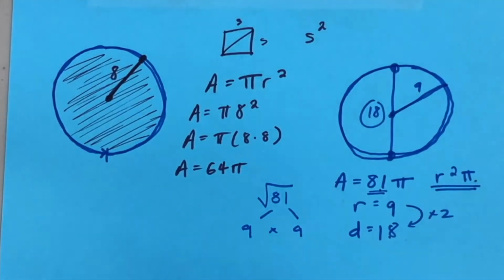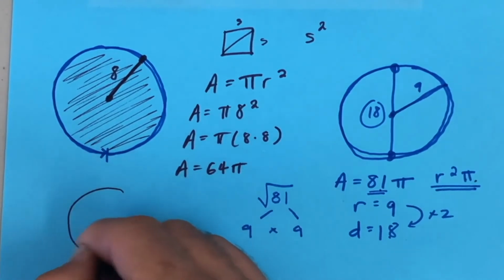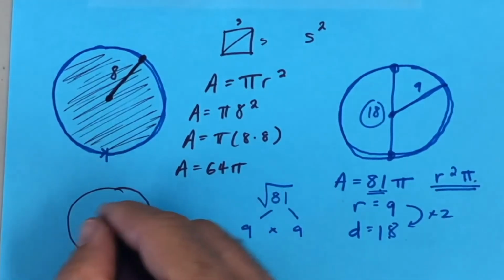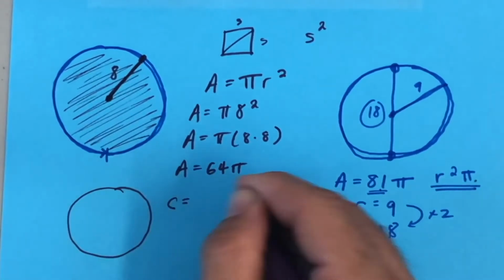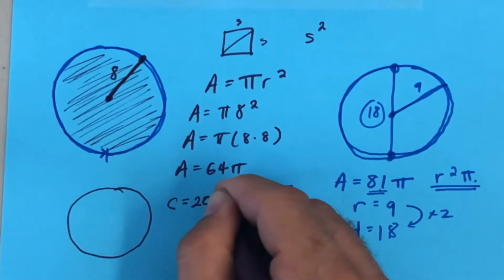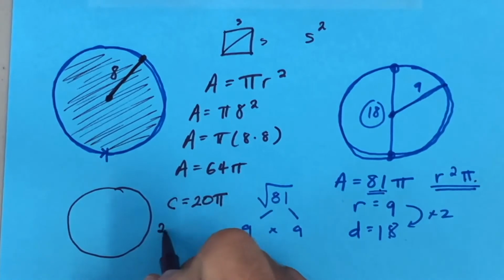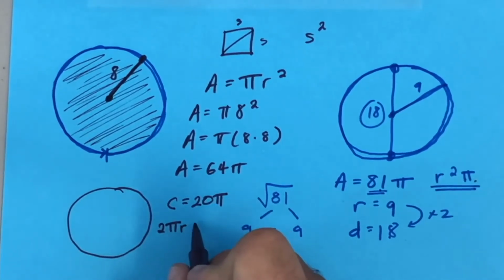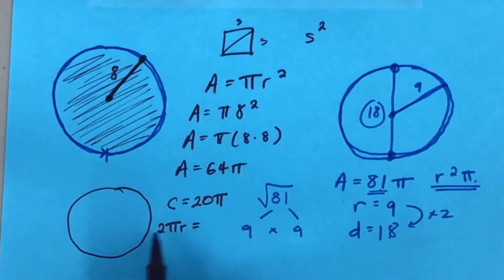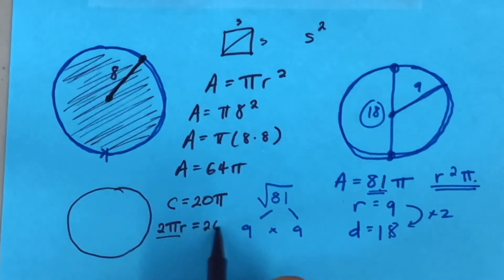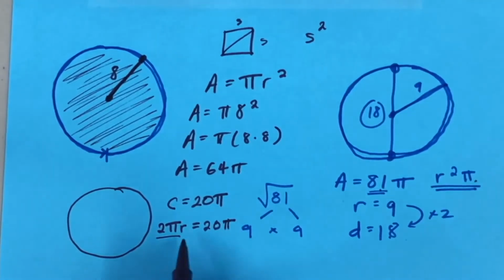The same could be done if you were given the circumference and I said the circumference is 20 pi. Well, I know circumference is 2 pi r. So if circumference is equal to 20 pi, I could divide both sides by pi.